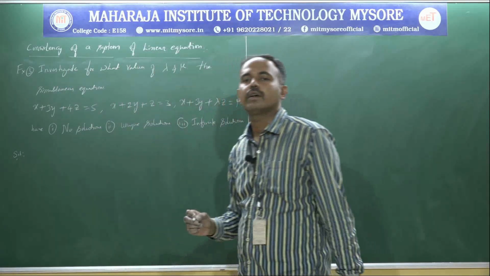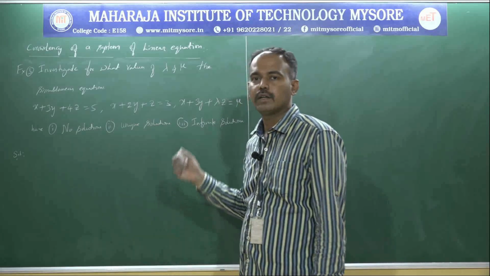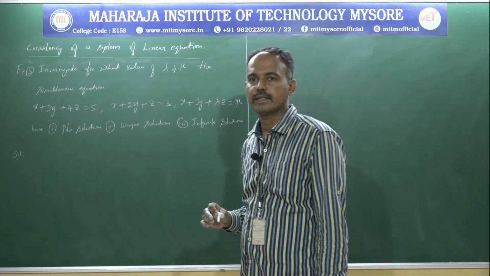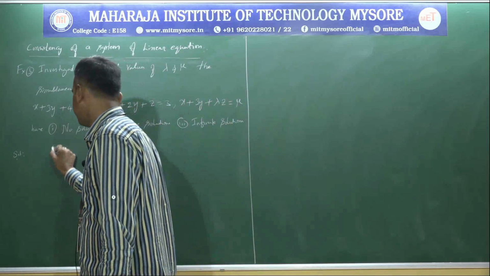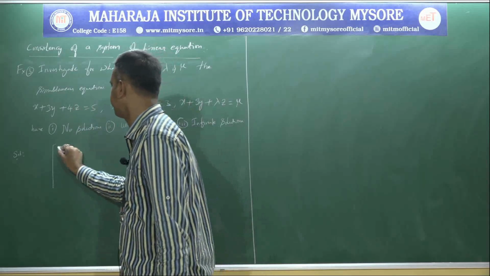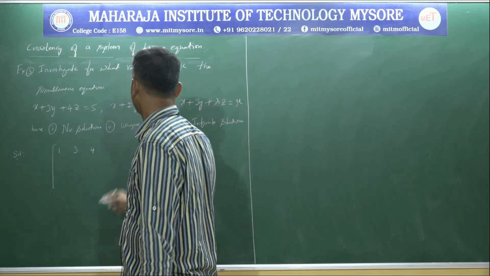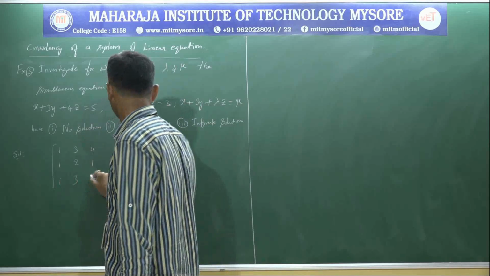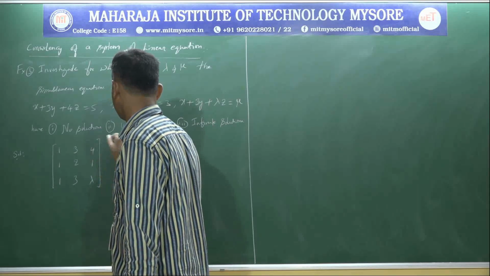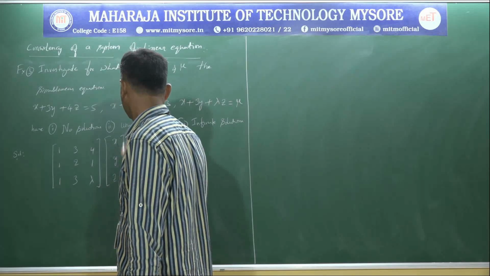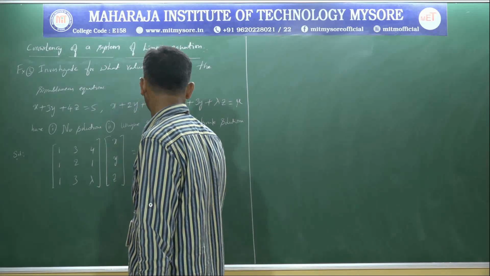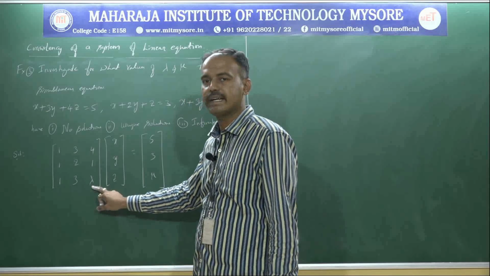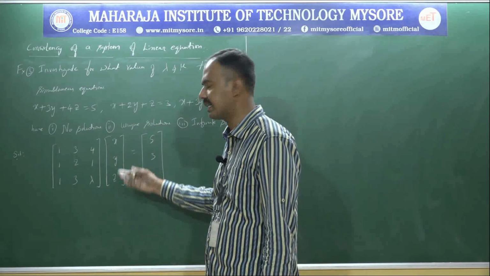The first is the coefficient matrix A, then the matrix of unknowns, and the next is the matrix of constants. First we denote the coefficient matrix A, with x, y, z as the 3 unknowns.